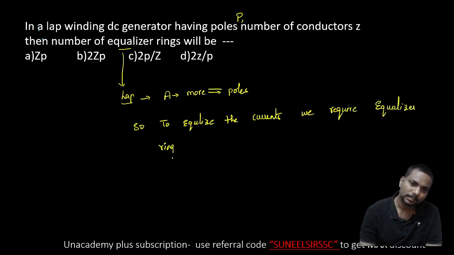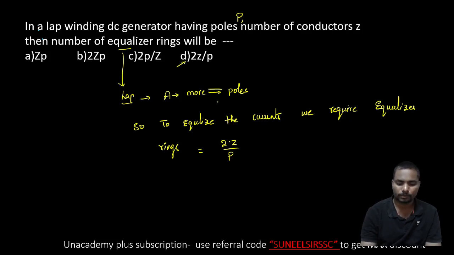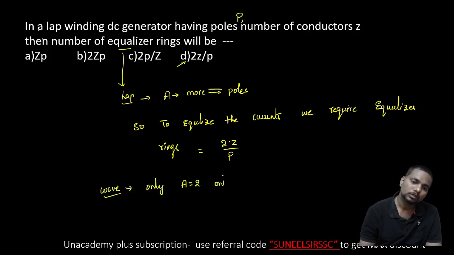The number of equalizer rings is nothing but 2 into conductors by poles. So the answer is 2Z by P. In case of wave winding, A is equal to 2 parallel paths only, so current is divided equally.